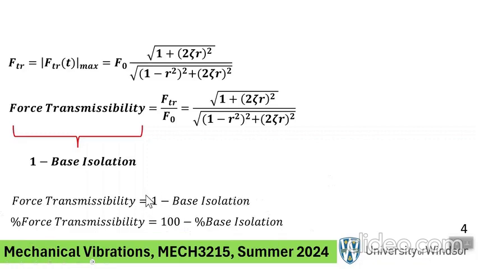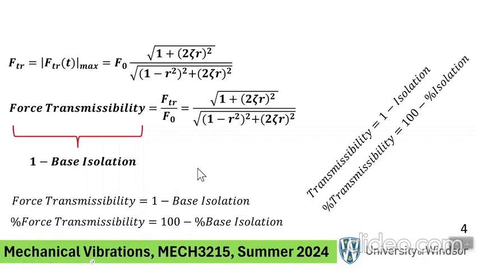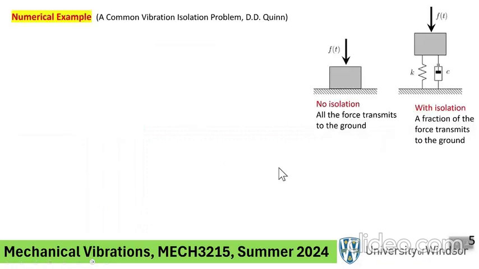All I'm saying is that either you're talking about force transmissibility or base isolation. And there's the definition of base isolation, which is simply 1 minus force transmissibility. Okay, this is written for you in multiple places. That is exactly the same as that. Just a reminder.